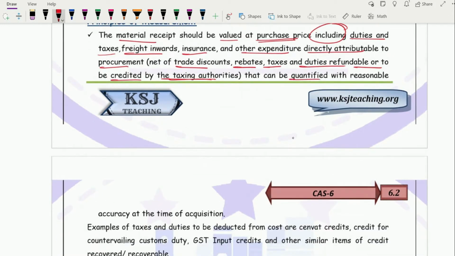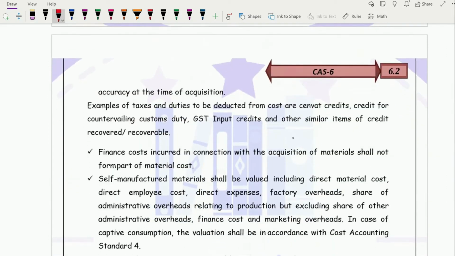That can be quantified with reasonable accuracy at the time of acquisition. For other expenditures for which the ITC is not there, you have to include all those expenditures: freight, cartage, transit insurance. If there are any other incidental expenditures attributable to the procurement of the material, right?